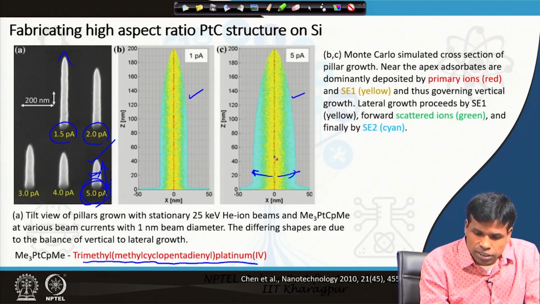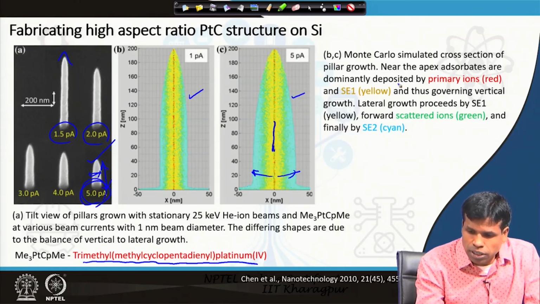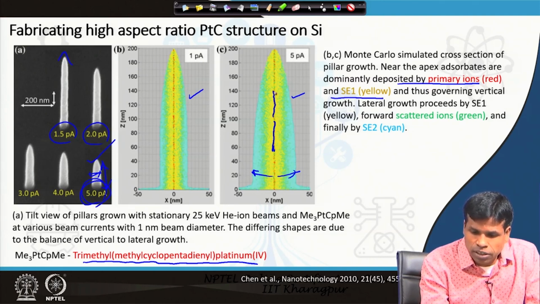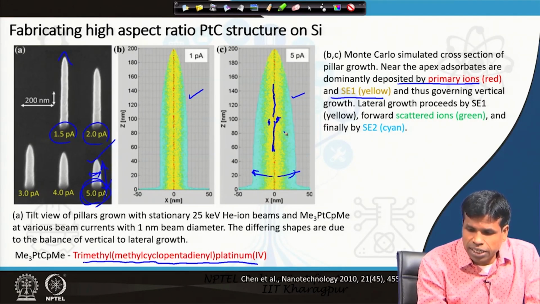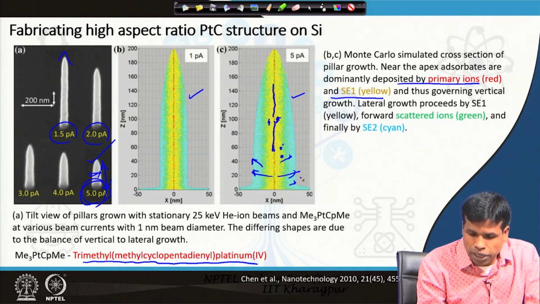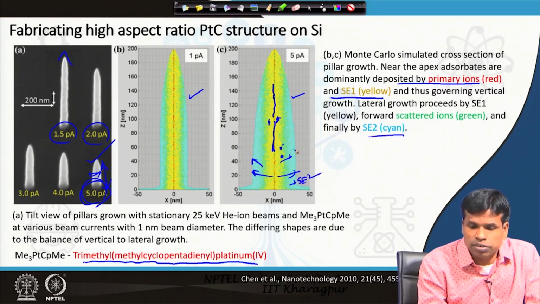At the center, the deposition is due to primary ions and SE1, at the center and near the center. This yellow color is due to SE1 and the red color is due to the primary ions, and the lateral growth on this side is due to scattered ions, the green color, and finally due to SE2, the cyan color.